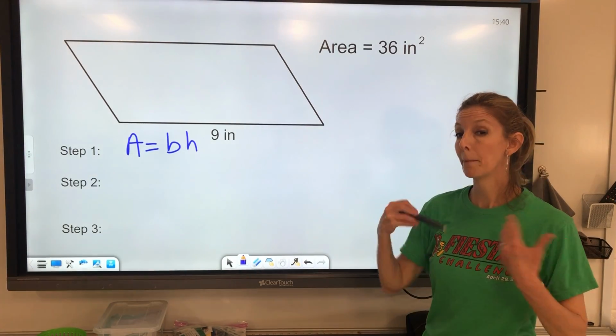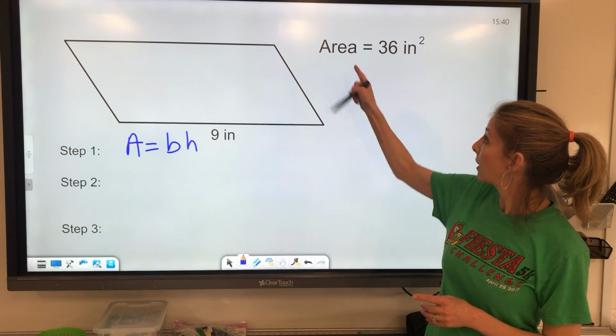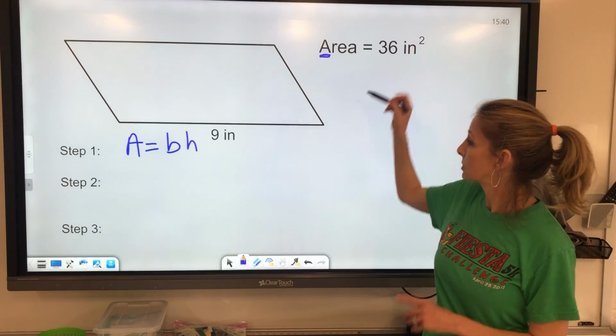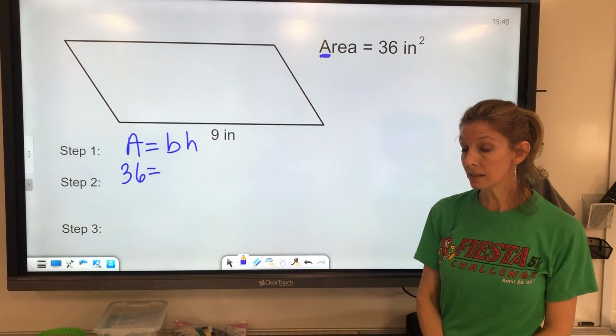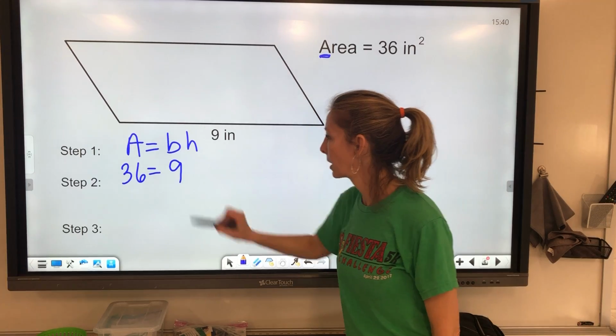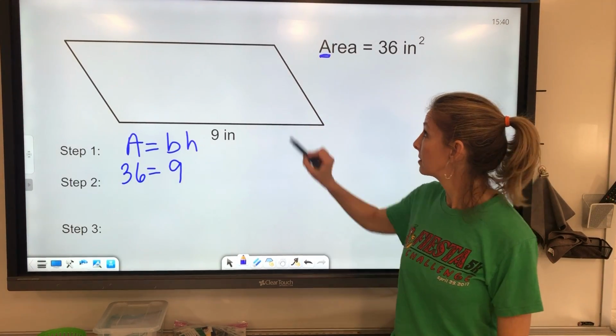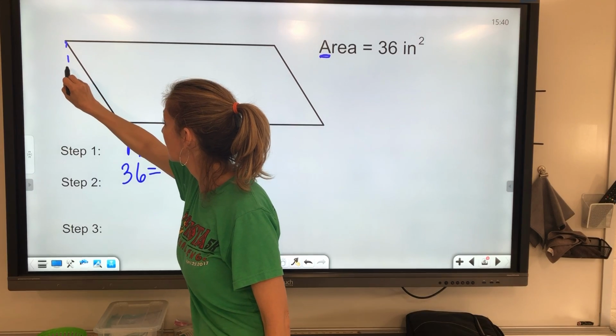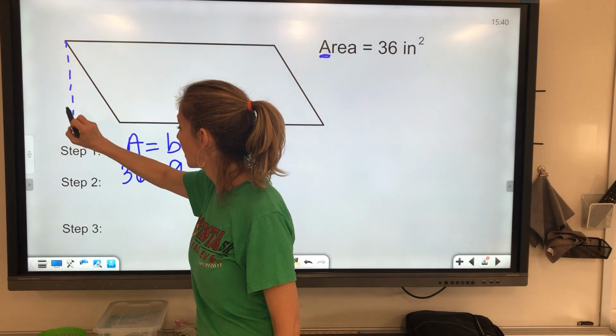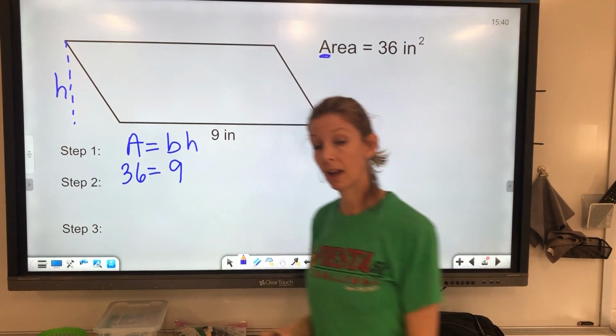Okay, step 2, plug in your values. Well, I know the area is 36. I know the base is 9. What I don't know is the height. So we're talking this space right here. That's my unknown value. Okay, x.